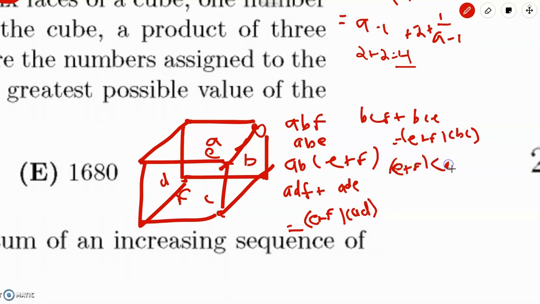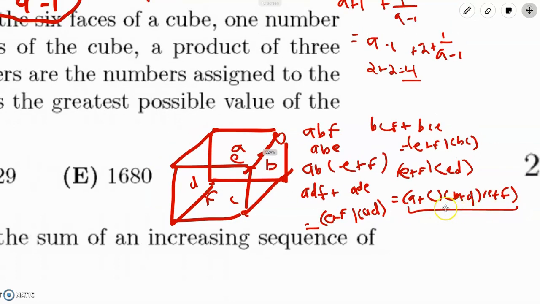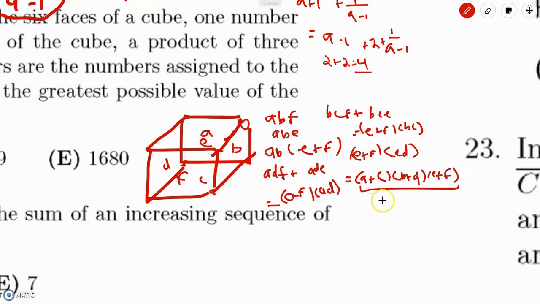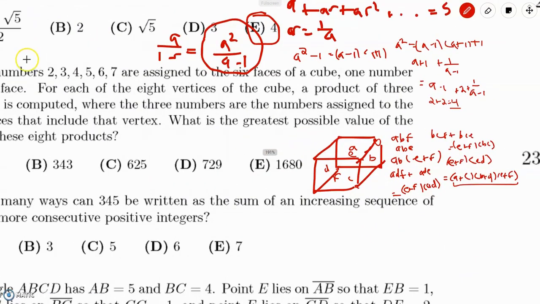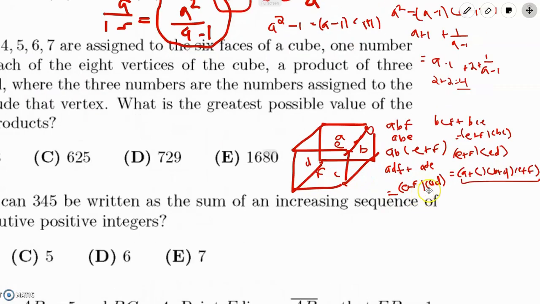So if we add these all together, then we'll get the expression that we want. And essentially this factors into A plus C times B plus D times E plus F. So essentially the things on opposite sides are in the sum of the product. And so we want to maximize this expression, and we have that they take the values 2, 3, 4, 5, 6, 7.